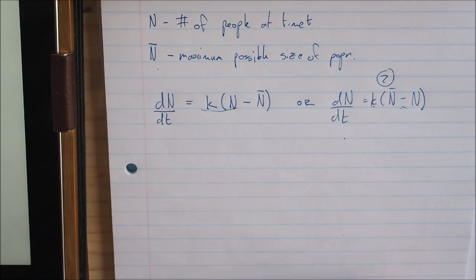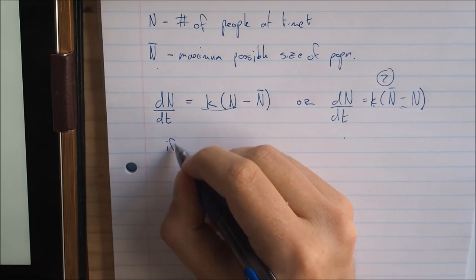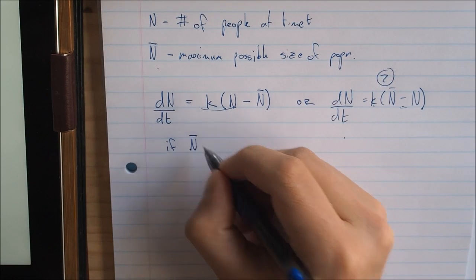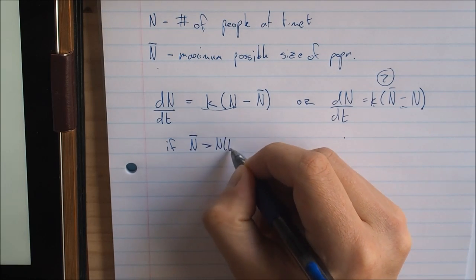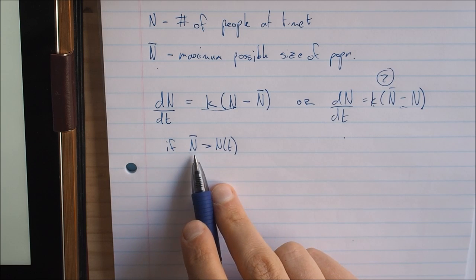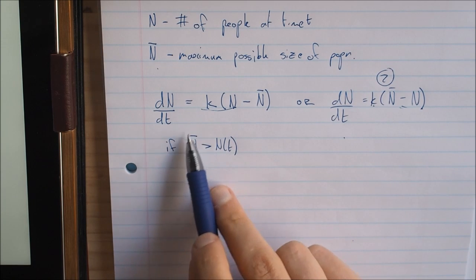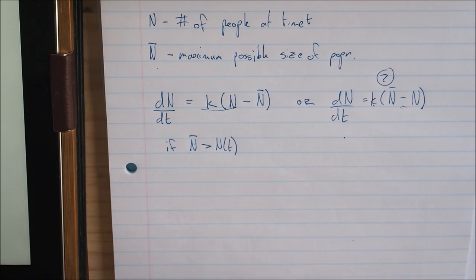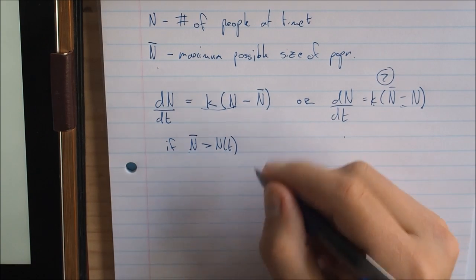So what we're going to do is ask if n bar is greater than n of t. If n bar, the maximum size of the population that it can get, is greater than the current population size, we expect the population to grow.